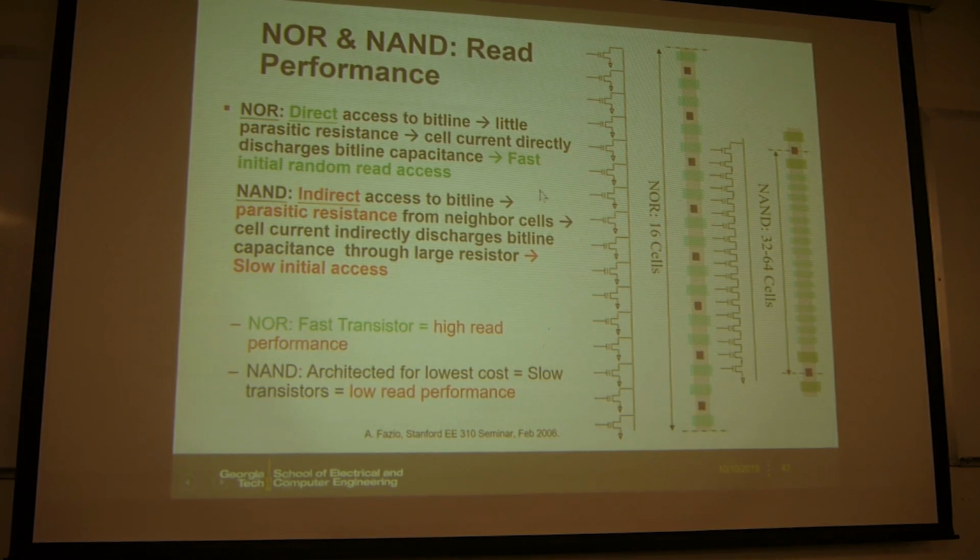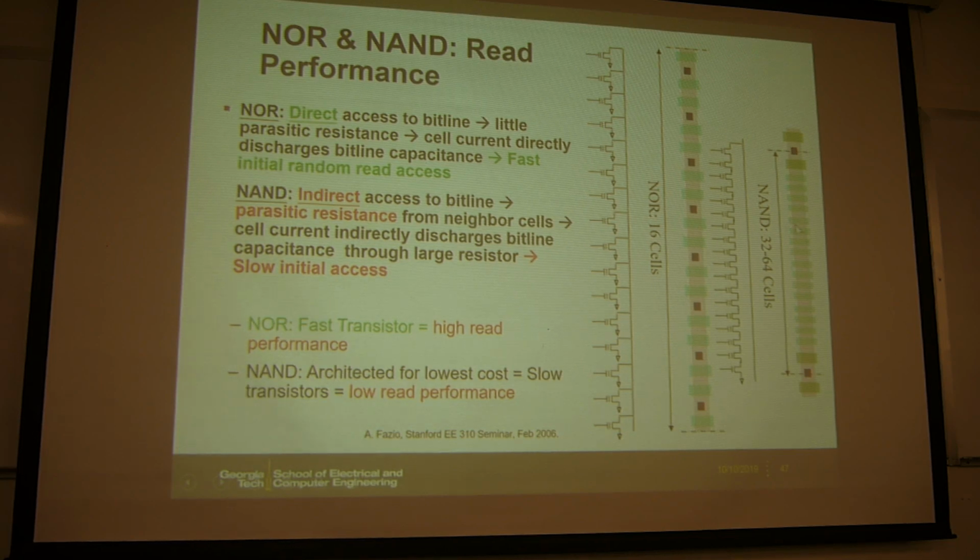Again, this is what we already discussed. For the NOR flash, because each cell you have individual connection to the bit line, so when you read it, it's fast, and you can also do the random access. But for the NAND, typically you have to do it row by row because you don't want to randomly initialize this one.